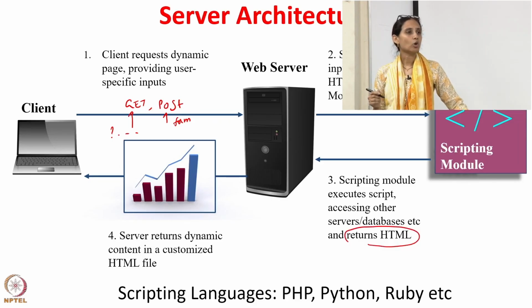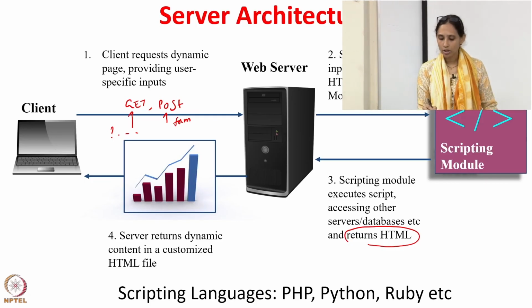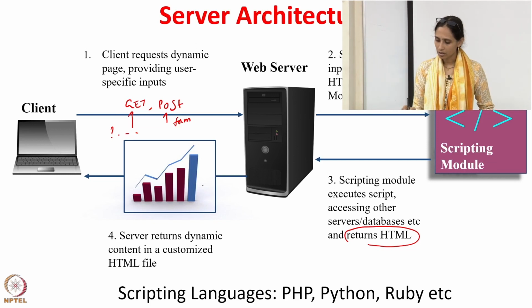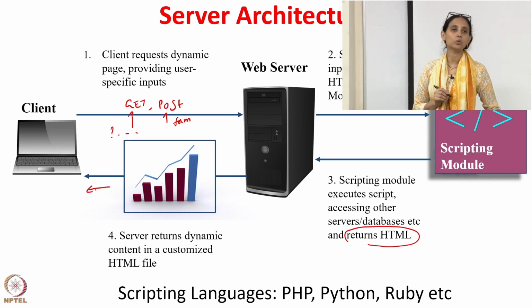And this HTML document is dynamically generated. This is not a static document. There are static documents also, which get served automatically, but whenever we invoke scripting, those are dynamically generated documents based on user input, and once the document is generated, the server is going to return it back to the client.